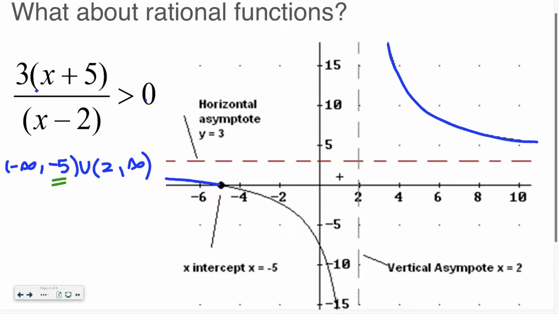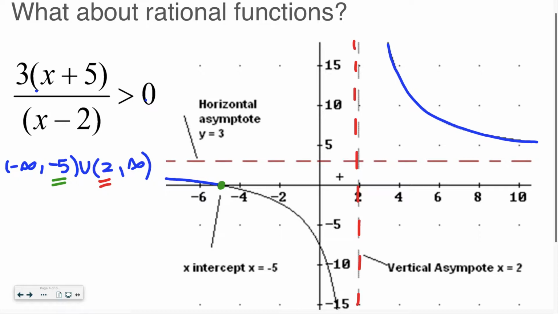So not only do we have to worry about our x-intercepts, because they do affect when we're below and above the x-axis, but our vertical asymptote is also going to affect where our graph is. And this asymptote at x equals 2 changes where my graph is placed, that curve. So that is a critical value for us to consider.